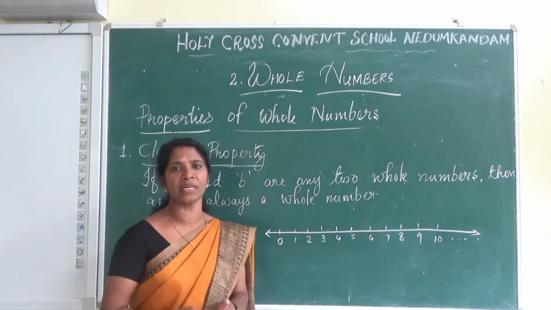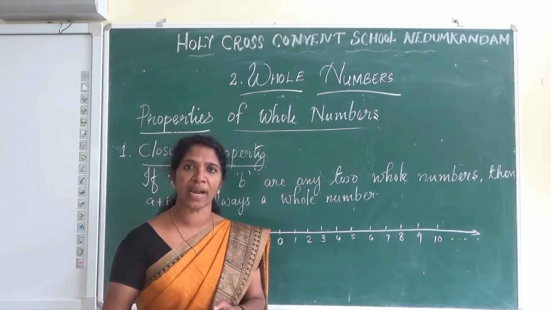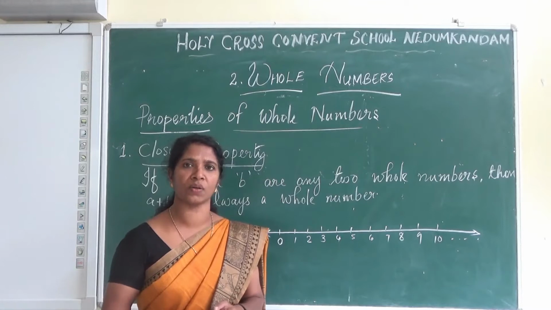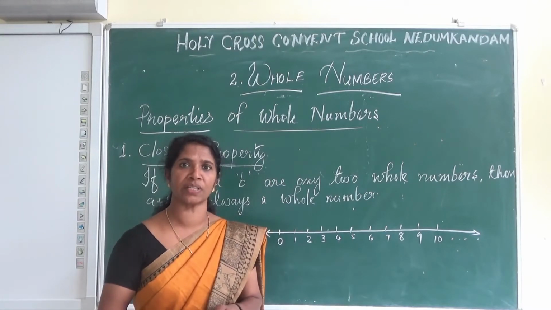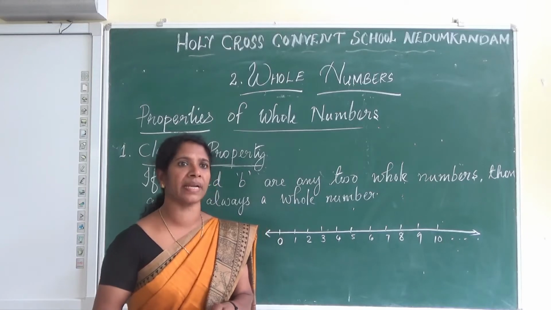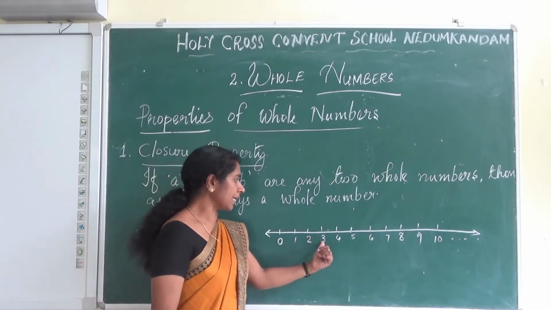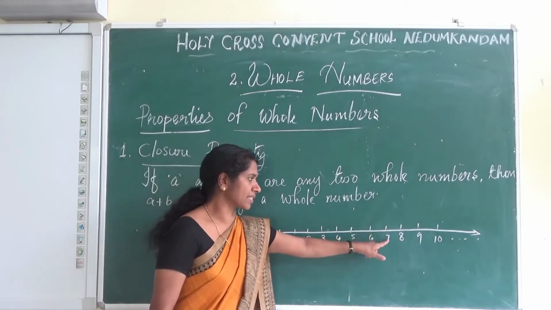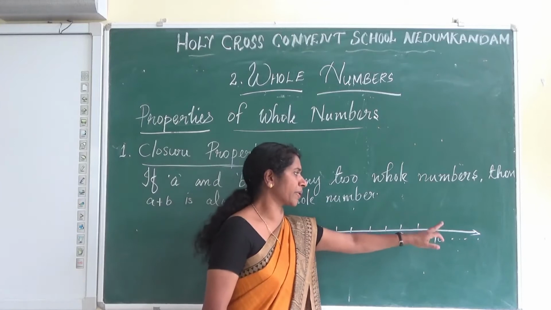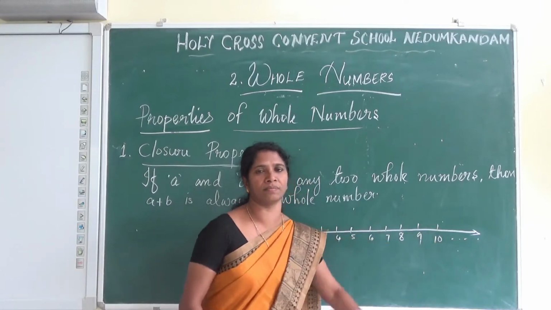The number immediately to the left of a number is the predecessor. So 3 is the predecessor of 4, 6 is the predecessor of 7, 9 is the predecessor of 10.